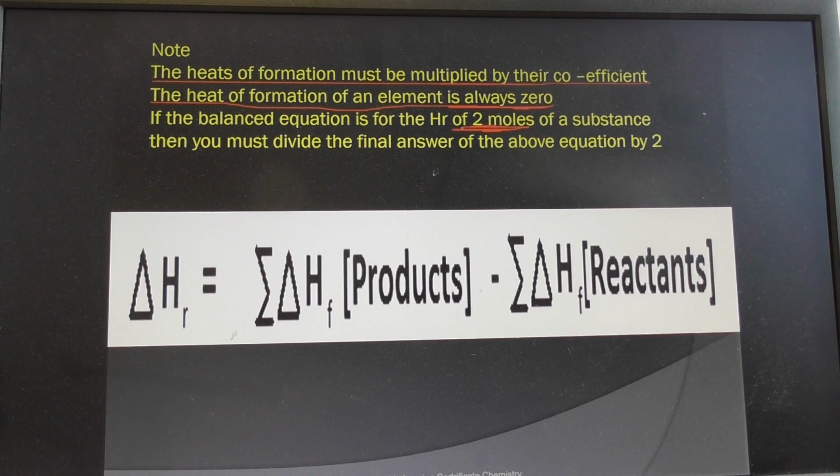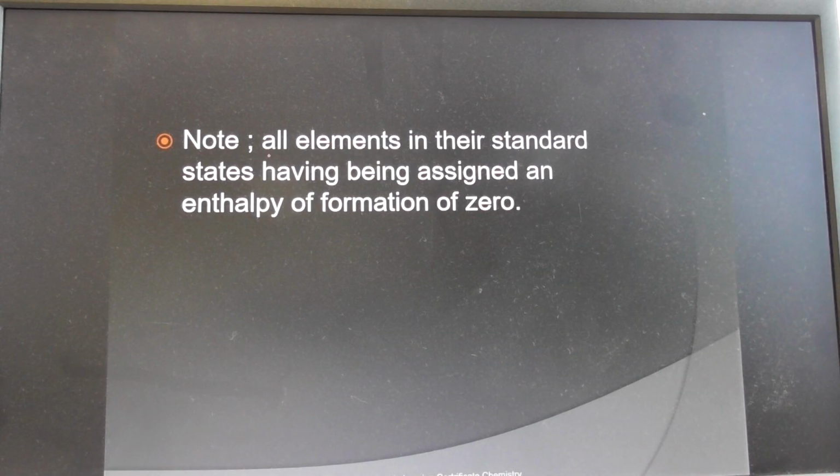You need to be careful if you're calculating the heat of combustion. You'll notice that if it's per 2 moles of the substance you're thinking about, remember those heats are all per 1 mole. So if it's per 2 moles, you're going to have to divide it by 2. So just be careful with that. That's important. You won't be given values for something like O2, so you must assume that that's 0.